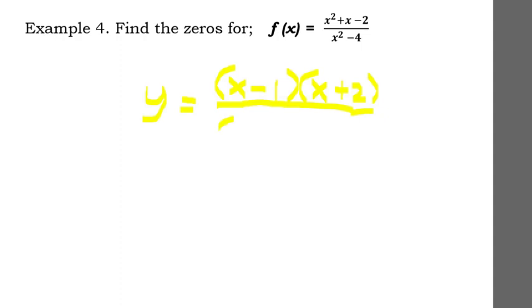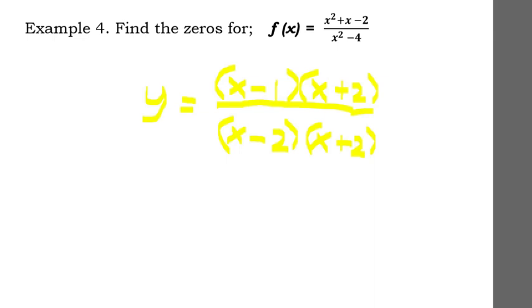Okay, so these are the factors. Then factoring x squared minus 4, you have to split the factors of x squared. 4 is a perfect square, so you have x and x, and 2 and 2. Since it is a perfect square, the factors must be 1 positive and 1 negative. Okay, let's look at the factors.